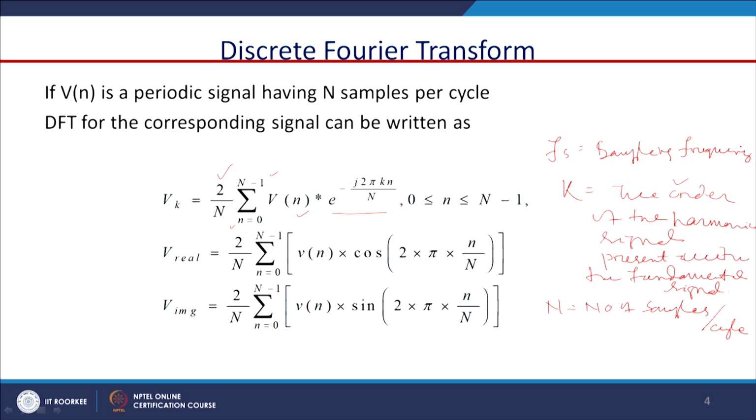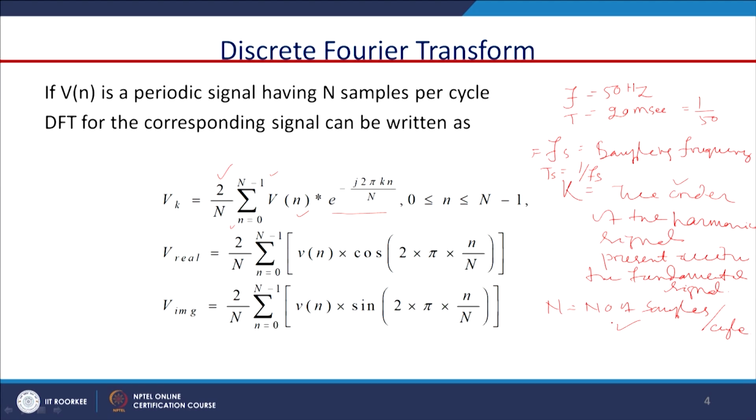So, if our fundamental frequency is 50 hertz, our fundamental time period will be 20 millisecond, which is basically 1 upon 50. These are the symbols we have to consider, and also here sometimes we write Ts, the sampling time period, that is 1 upon Fs. So, these are the symbols we use for our discrete Fourier transform analysis.